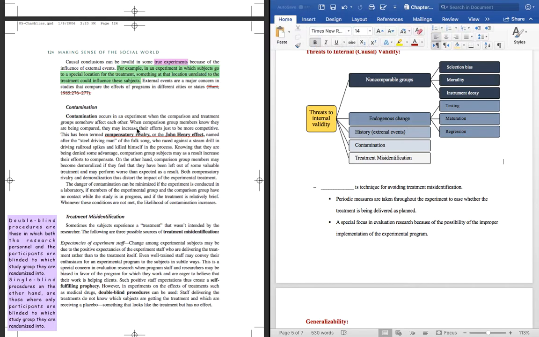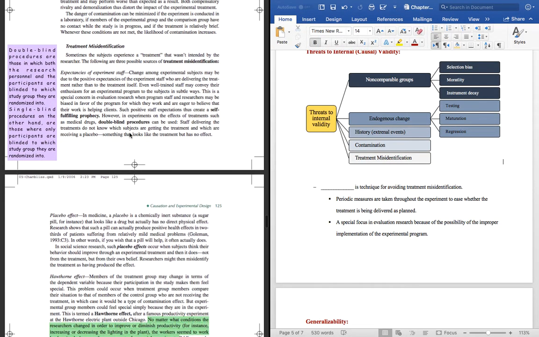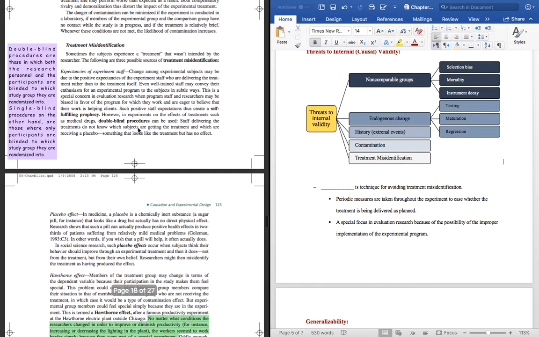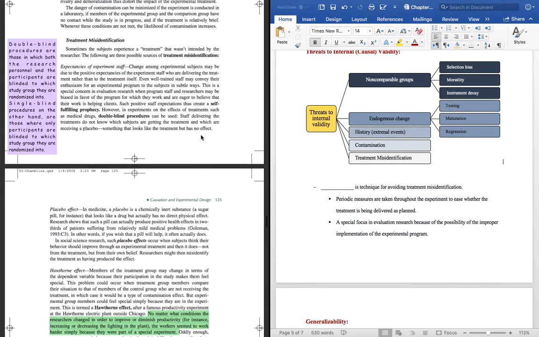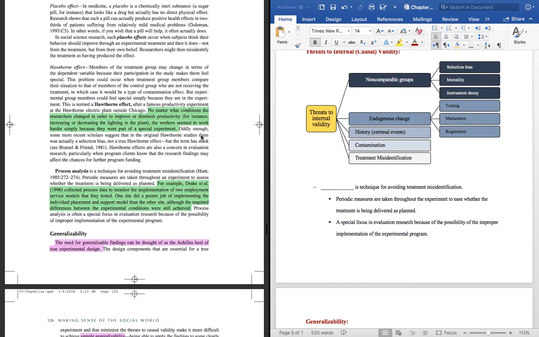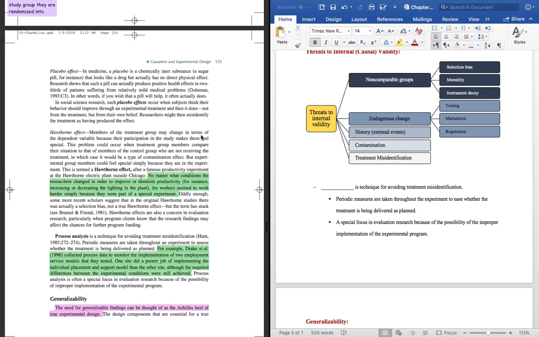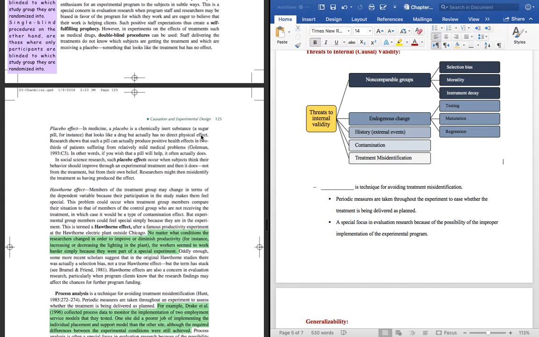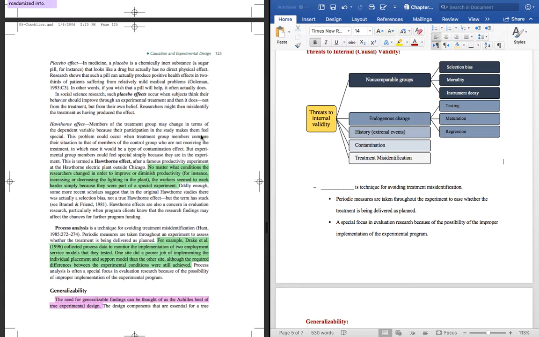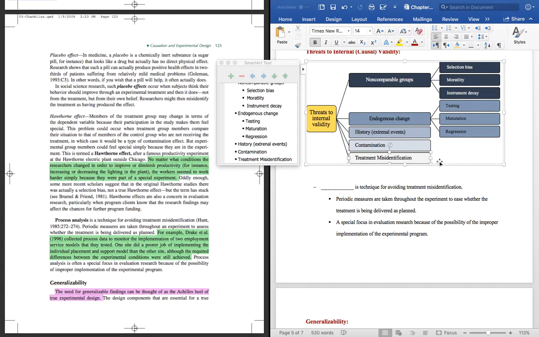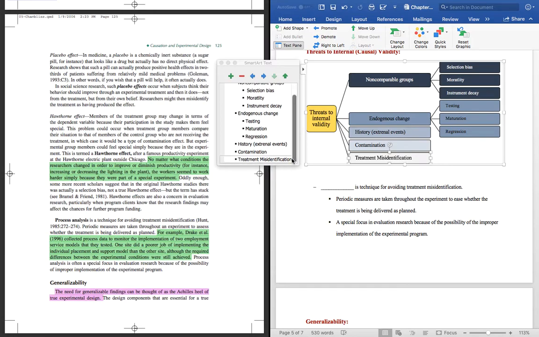Okay, you need to read all of these paragraphs to be able to learn what each are. The purple box here is the comparison between a double blind and a single blind procedure. In the treatment misidentification, we have other categories as well.